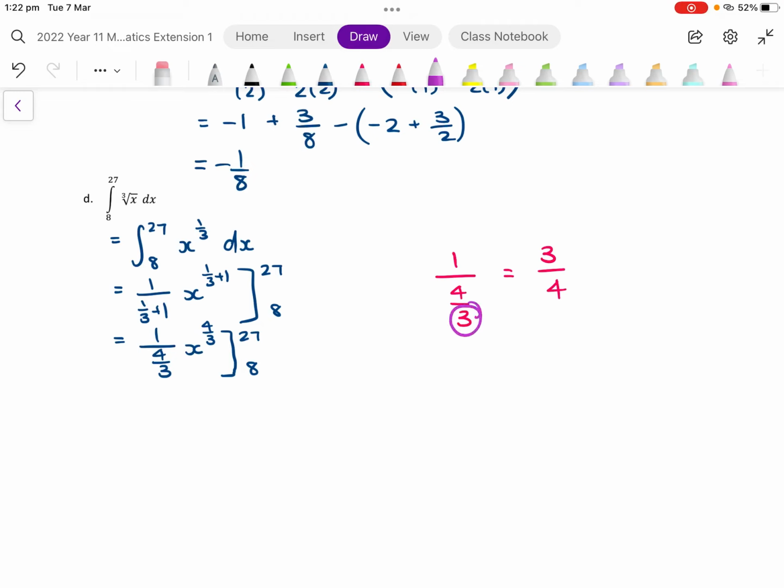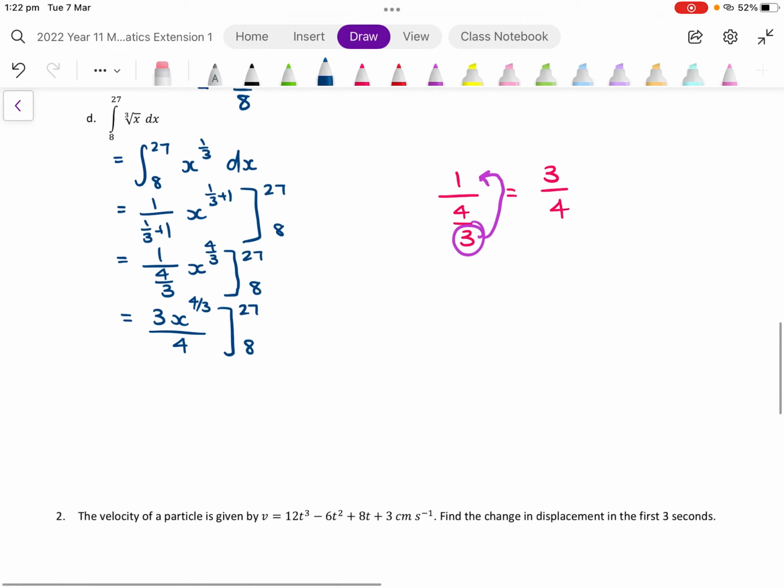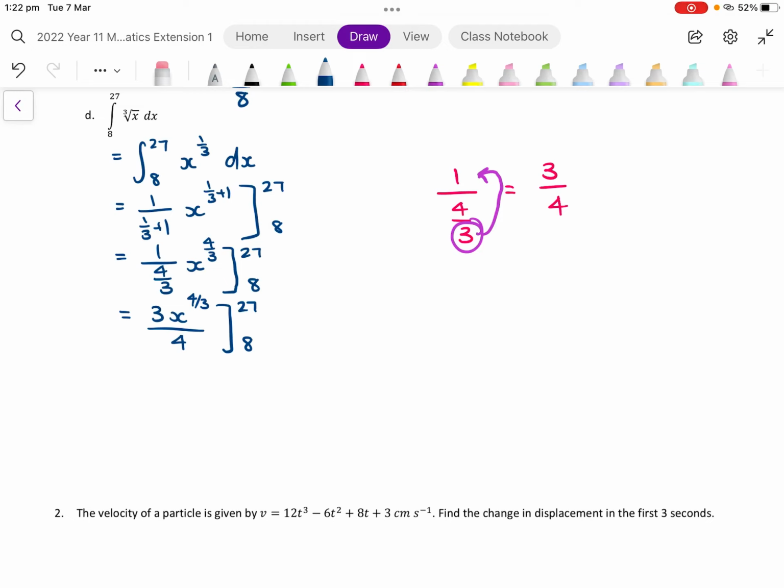So what happens here is our denominator of 3 comes up and is our numerator of our single fraction. So we will have this equal to 3x to the power of 4 over 3 over 4 and we're going to substitute in our 27 and our 8. We could change our fractional indices to be a third, or we can just leave it like so.